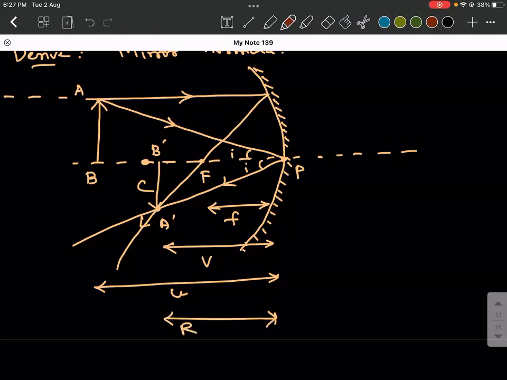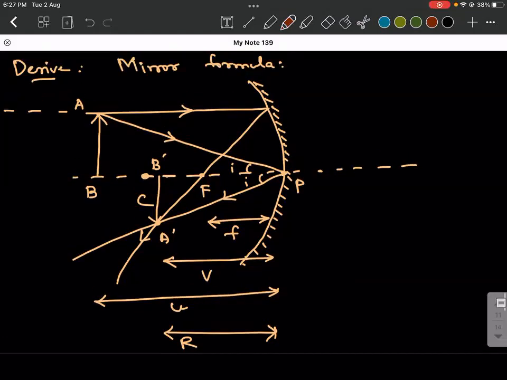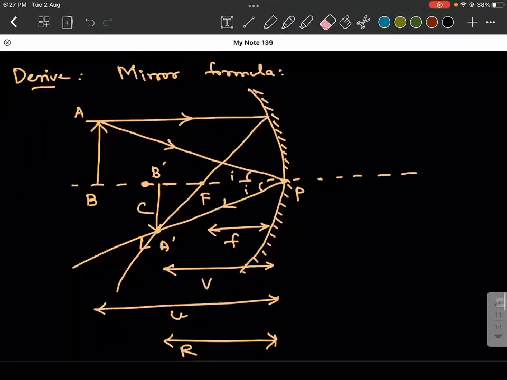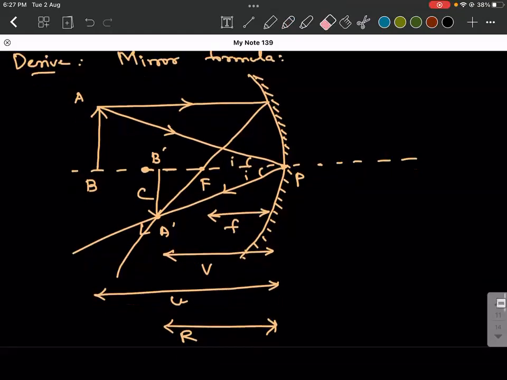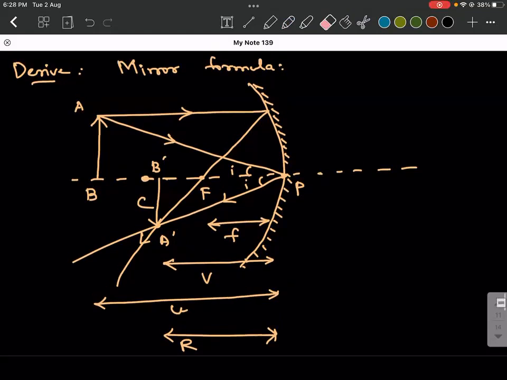Okay. Now listen to this carefully. So if I take two right angle triangles, right?